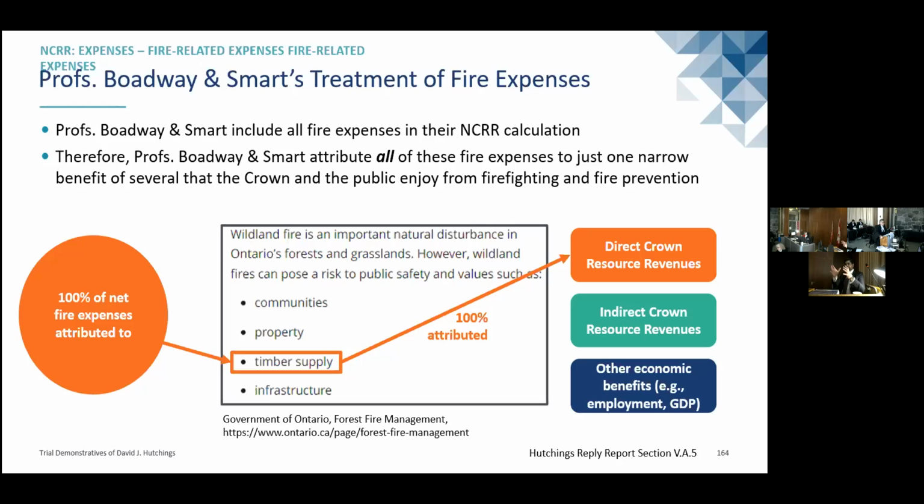If I've already counted 100% of the fire expenses to timber supply, I've said all of that is on that factory. I can't then double count it and say also have to deduct it if I'm trying to value a community. But if you end up in that framework of saying, well, the fire expenses are also attributable to the community, then you've started double counting. Does that make sense? Yep.